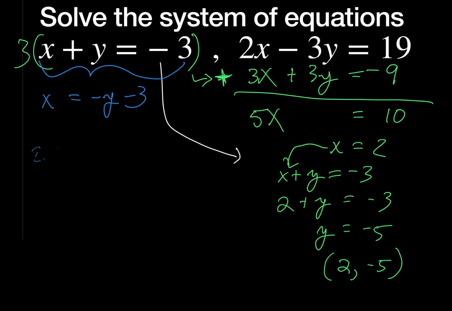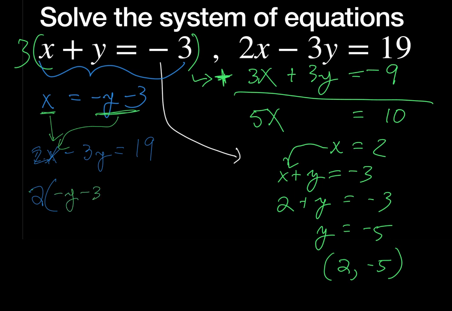So the other equation is 2x minus 3y equals 19. And this x is right there, which means I'm going to take this and put it in for that x. So it'll be 2 times, and then I substitute that in, negative y minus 3, minus 3y equals 19.